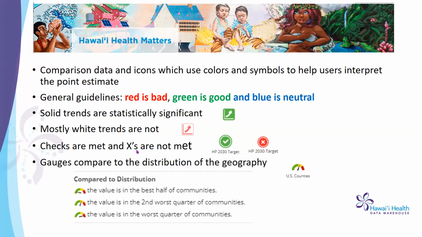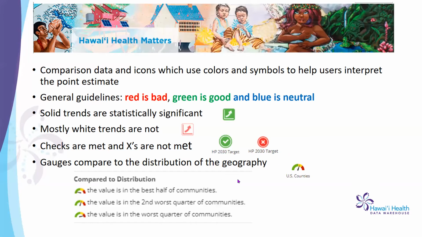Some indicators also have targets, and a target can be a national objective like Healthy People 2030, or a local objective like the Tobacco Control Plan targets. When an indicator has an objective, you will see a green check if that target has been met, or a red X if that target has not been met.